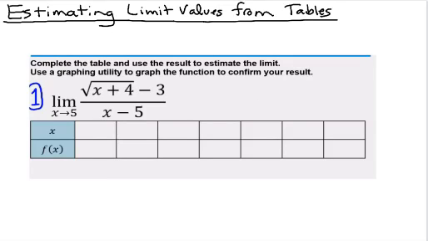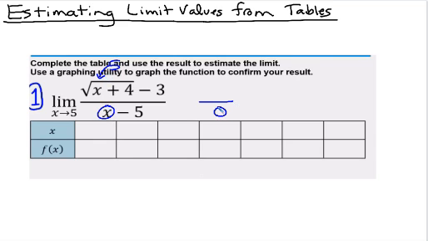All right, so we're going to work with estimating limit values from tables today. And I've told you that the first thing we always want to try is the substitute. What happens if we substitute on this problem? Well, if I put a 5 in here and here, obviously I get a 0 in the bottom.